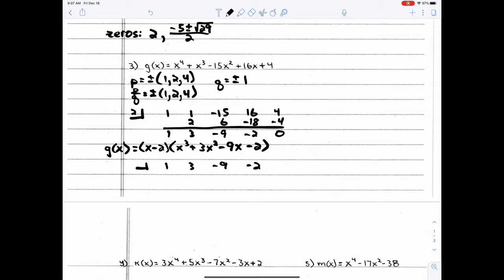Now, do you have to go through the entire P over Q list? Well, 1 already didn't work, back up here when we first did it. So it's not going to work. We already know it doesn't work. Okay, negative 1 doesn't work. We don't have to try it. Do we have to try 2? Well, yeah, because maybe 2 could work twice. Maybe it's a double root.